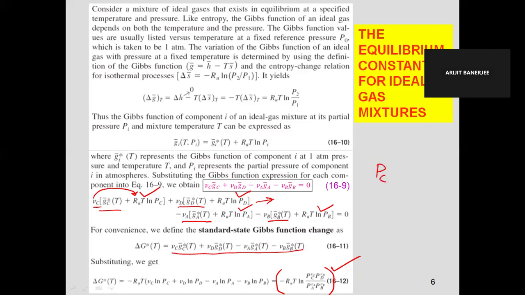It is like PC to the power nu C, PD, that is partial pressure of the particular component, PD to the power nu D, divided by PA to the power nu A, nu meaning the stoichiometric coefficient, and PB to the power nu B. And it is multiplied by RuT. RuT was already there. So the coefficients are this.